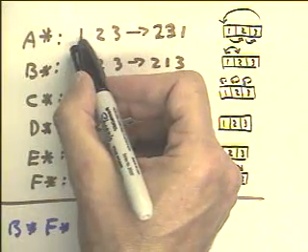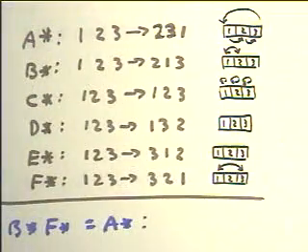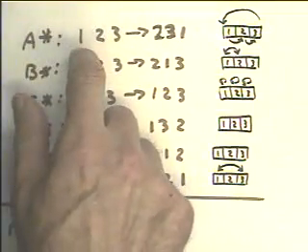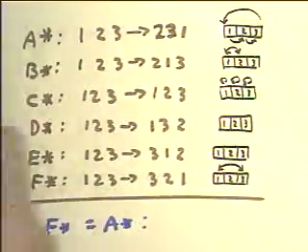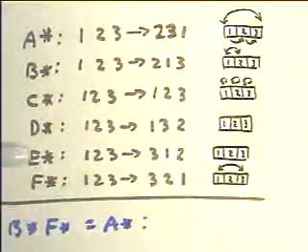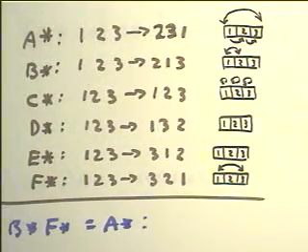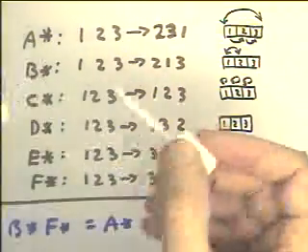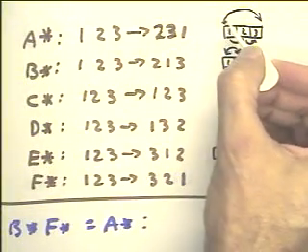The picture's wrong. The first object will go to the third position, so that's like going from here to here. First object to the third position. The third object will move to the second position, and the second object to the first position.